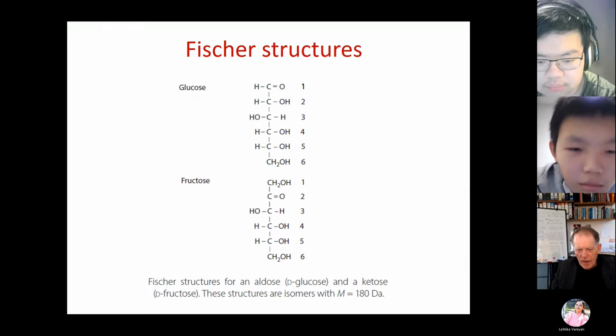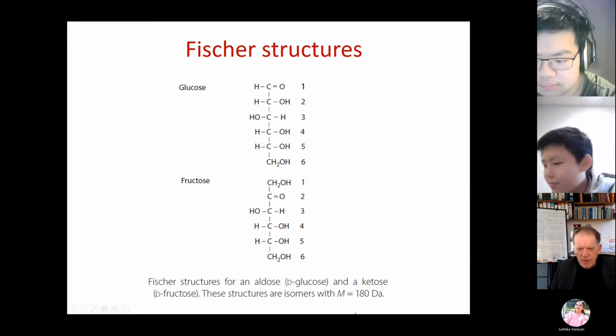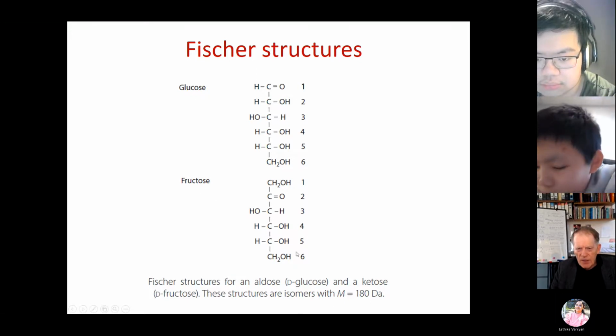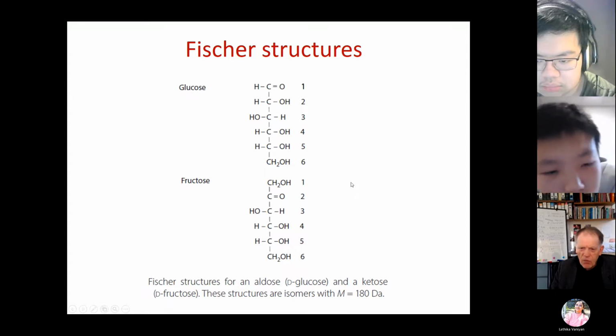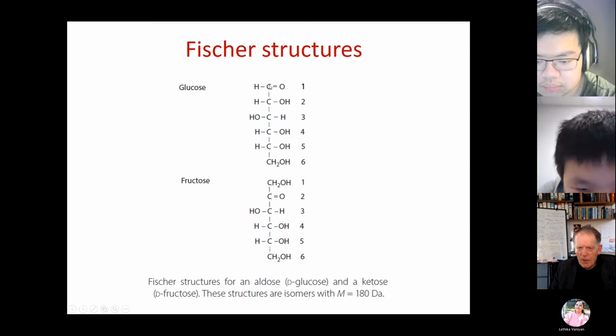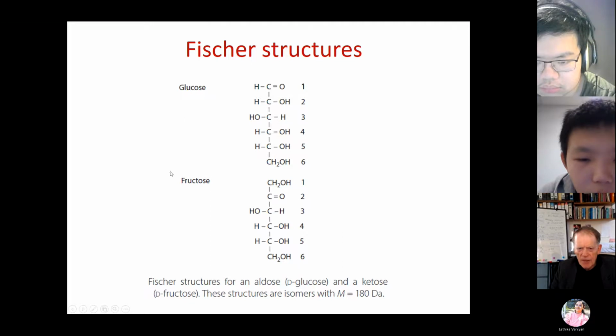So these are the Fischer structures, linear structures for glucose and fructose. These have the same molecular weight, and they have the same chemical formula, but the arrangement of the atoms in the molecules are different, and therefore they are isomers, glucose and fructose.